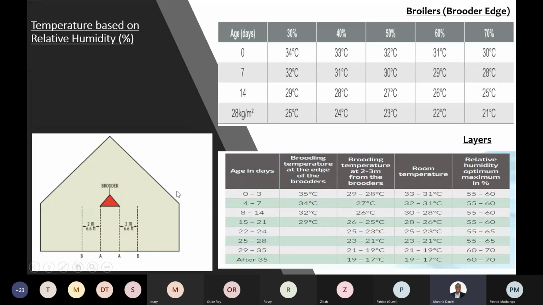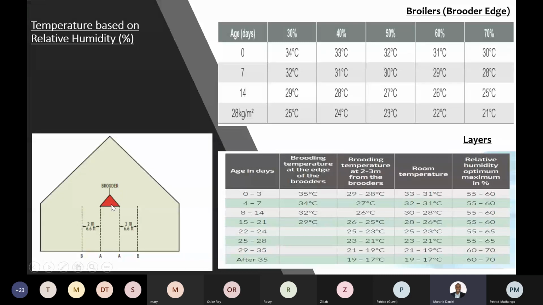Where you measure the temperatures, you can either measure the temperatures at location A, directly below the brooder, the heat source, or you can measure the temperature 2 meters away from the heat source.